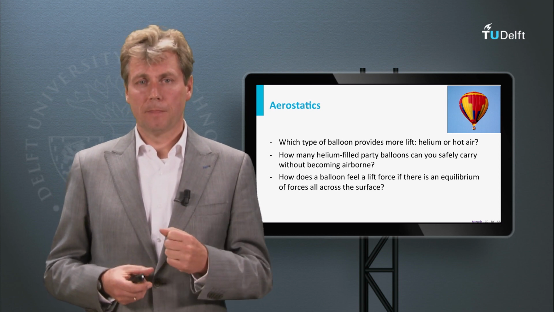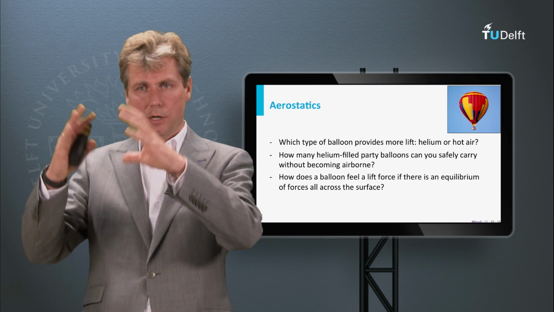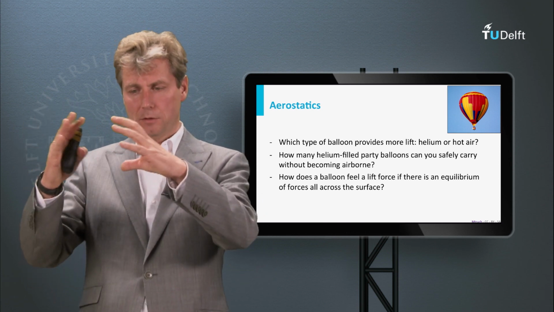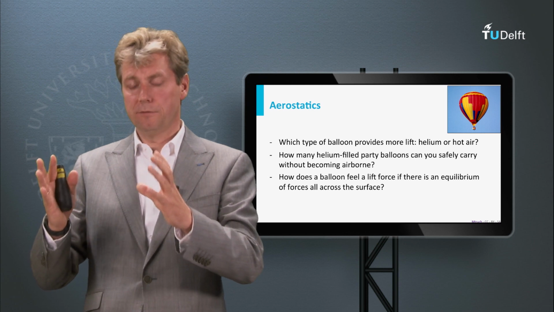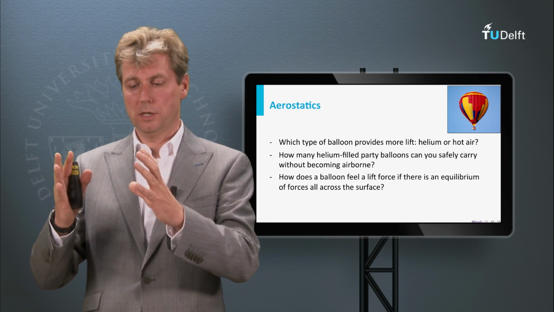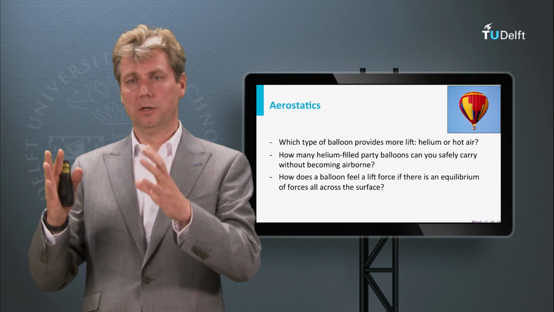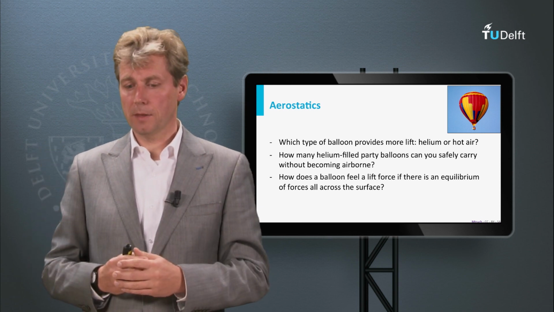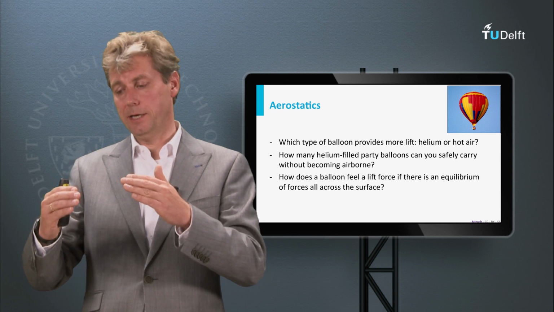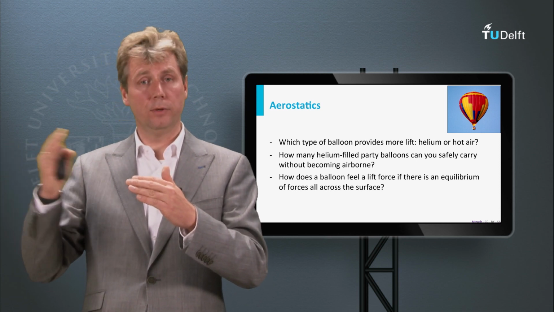Another question is, if we have a balloon, take for instance this party balloon, it's easy to understand. We look at this party balloon, its volume remains constant. It doesn't get larger or smaller. At a certain time, it keeps its volume. And this is because the forces inside and outside are in equilibrium.